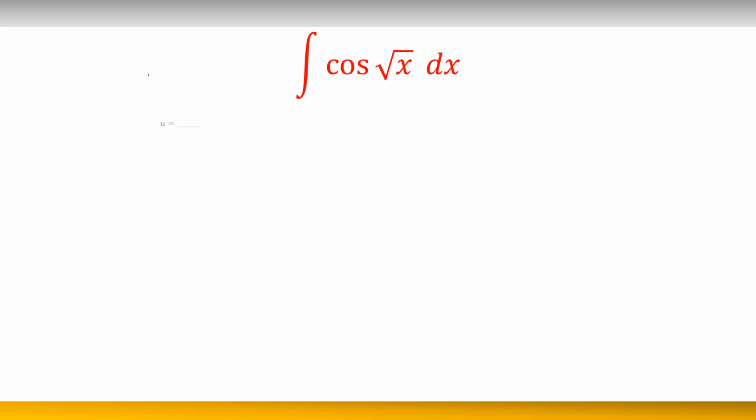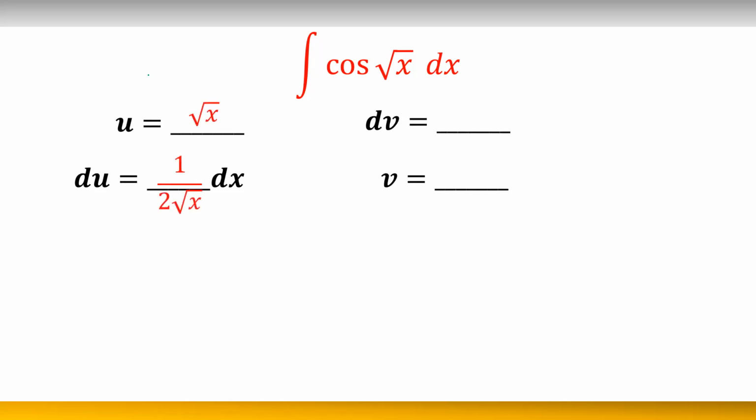So, tingnan natin ang magiging solution. Let's check your answers. Square root of x, tapos sa baba is 1 over 2 square root of x. Yung ating shortcut for the derivative of square root of x. Tapos, kung yun yung ating u, paano yun?